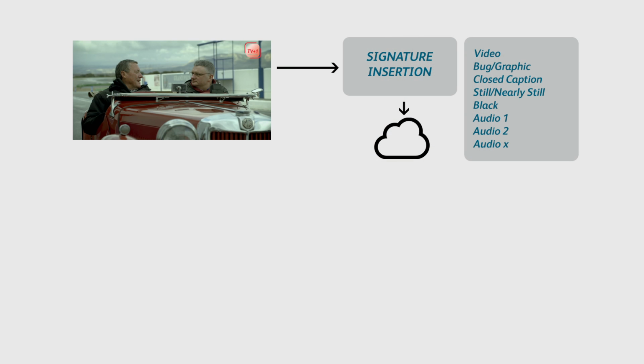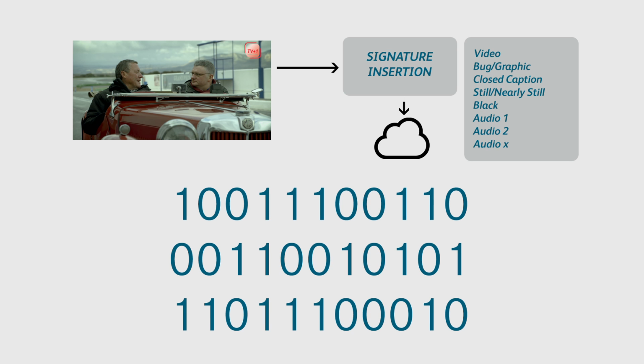So here's what we do. We take the content and create a digital signature. This uniquely defines a number of characteristics, just like our fingerprints or DNA defines us. For a TV channel, we want to know, what does the scene look like? Is it moving a lot or is it still? Is it black? We can look at graphics like bugs.